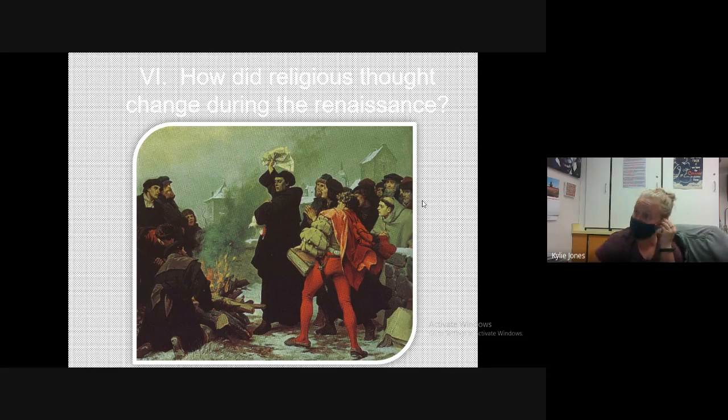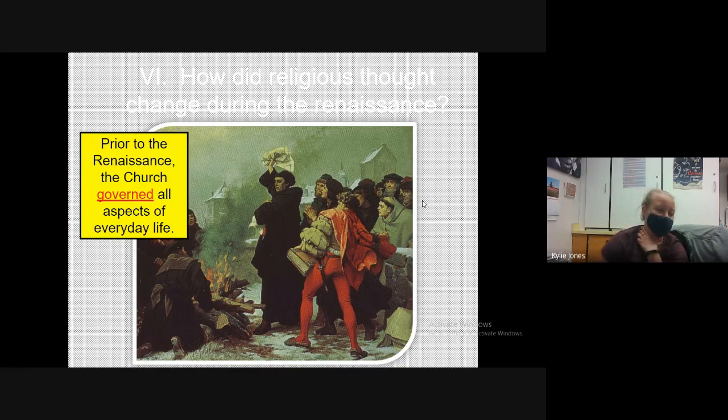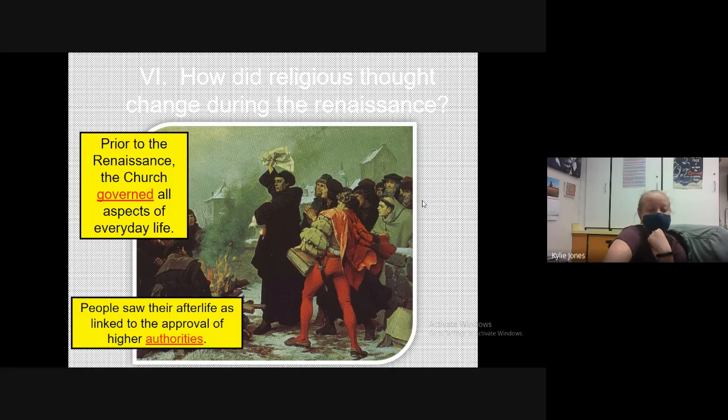So, part number 6. How did religious thought change during the Renaissance? First, prior to the Renaissance, so before the Renaissance, the church governed all aspects of everyday life. So the church was basically in charge of everyday life. People saw that their afterlife was linked to their approval from higher authorities.